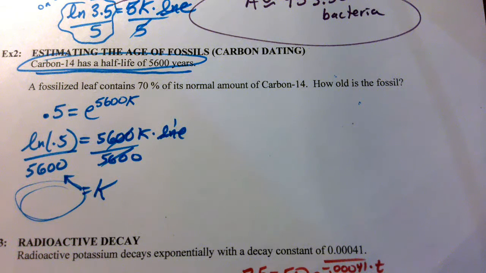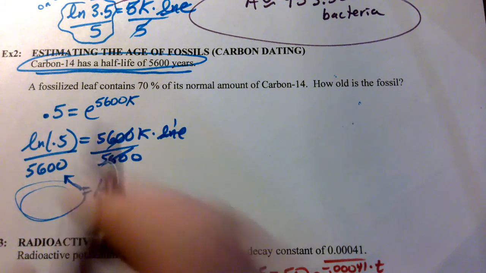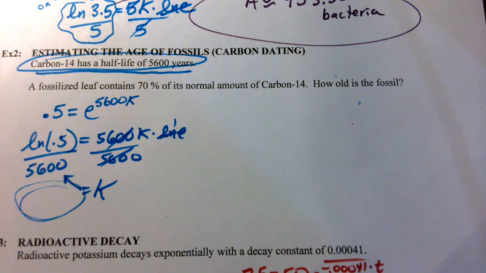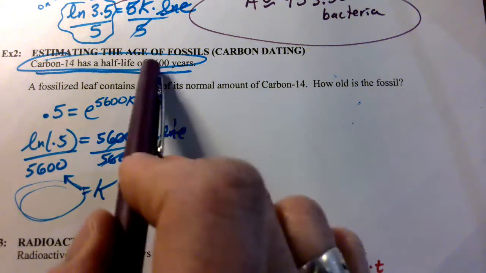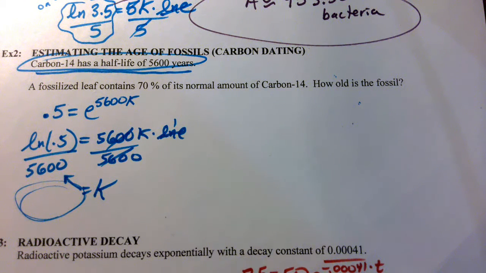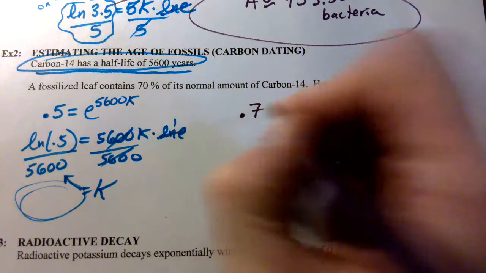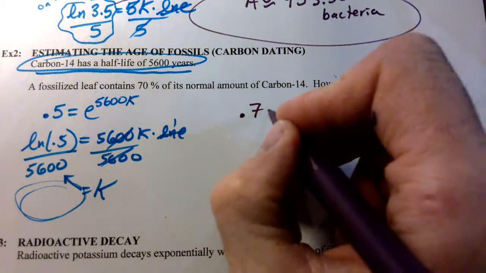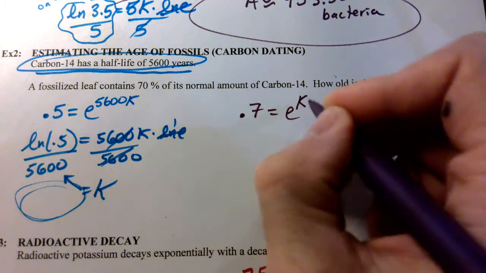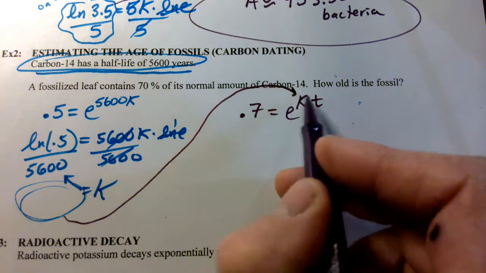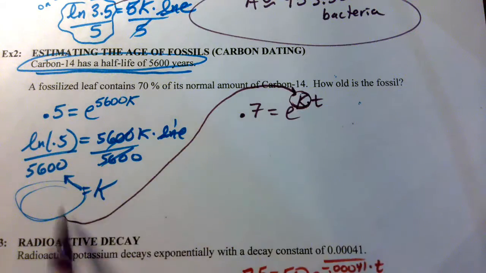Now, the question is asking, the fossilized leaf contains 70% of its normal carbon. So if it hasn't gotten down to 50%, it's going to be a time less than 5,600 years. So we're going to do the 0.7 here. 0.7 is equal to e to the k times t. Remember, the rate is the same no matter what the percentage is.